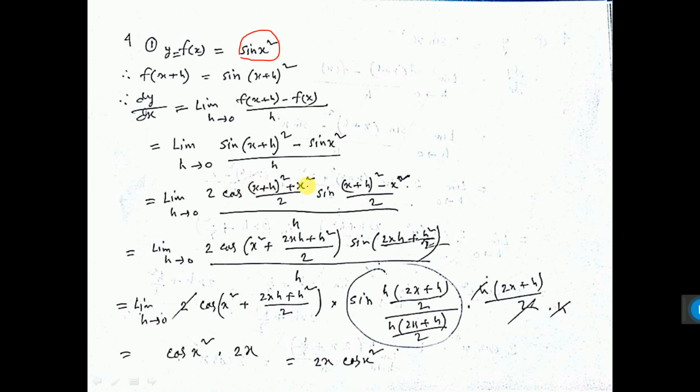So that is 2x square by 2, it is x square, I have taken separately. And 2xh plus h square, here I have written, and divided by 2. And sin of this one also, x square plus 2xh plus h square, and that x square cancels. So what is left is 2x plus h, whole divided by 2.